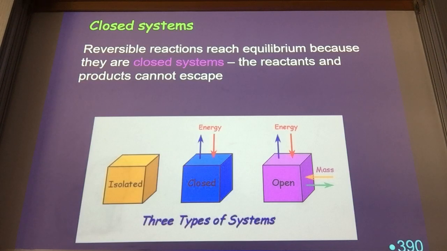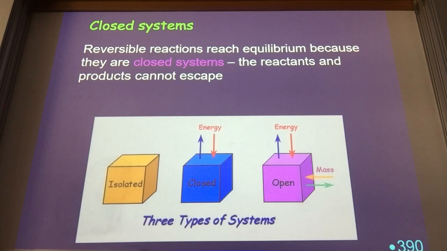So just be aware of what we mean by different sorts of systems. Normally, if we do a chemical reaction on the bench in a beaker, often it is an open system, especially if it involves a gas. The gas can escape, so mass can come and go from that reaction. An open system allows exchange of energy and of mass with the environment.